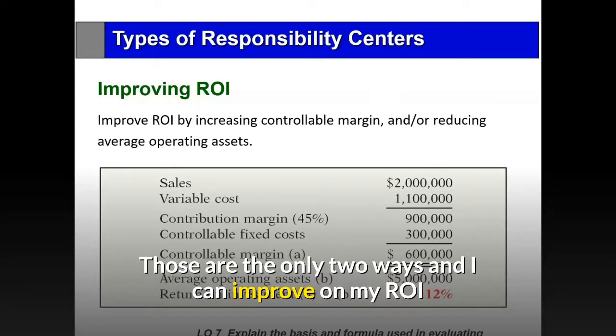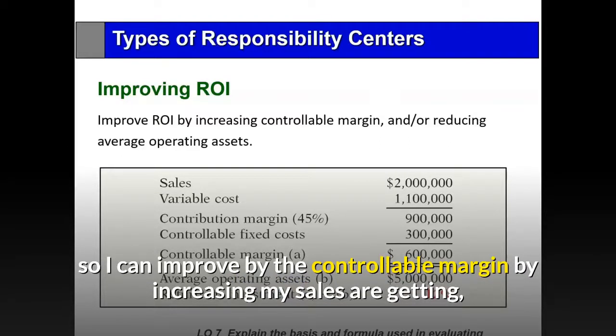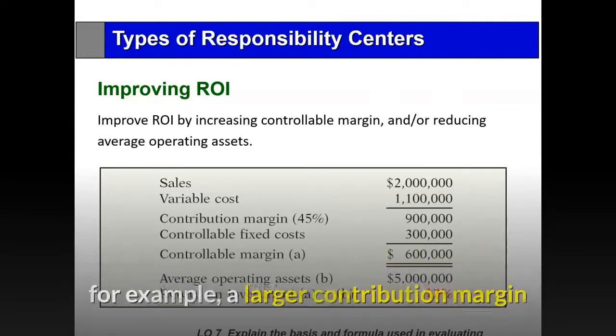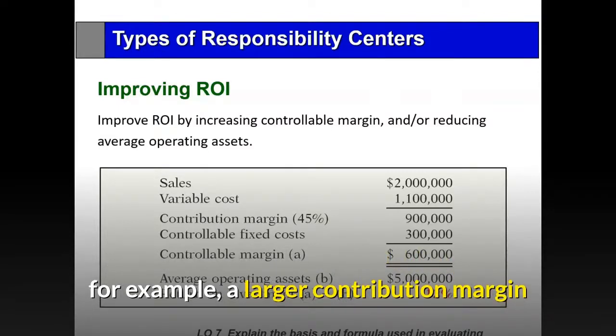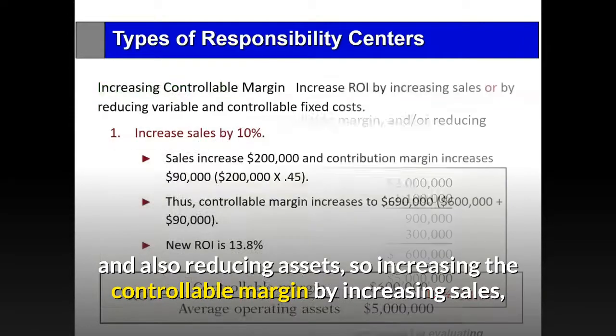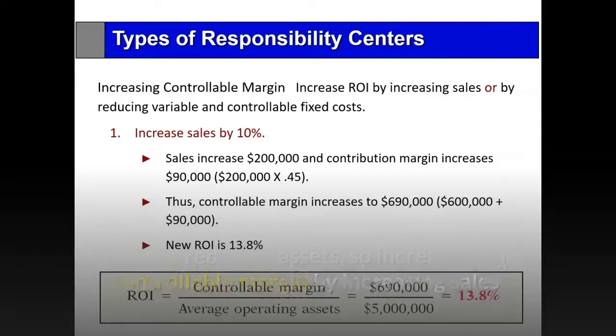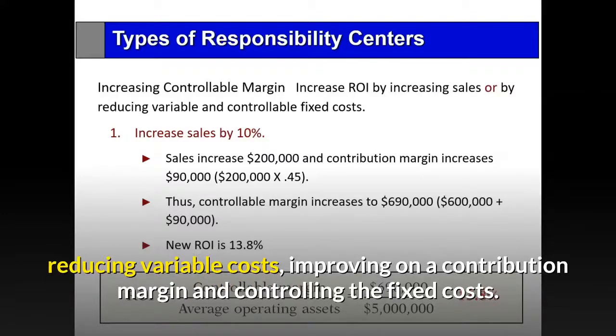Those are the only two ways that I can improve on my ROI. So I can improve the controllable margin by increasing my sales or getting, for example, a larger contribution margin, and also reducing assets. So increasing the controllable margin by increasing sales, reducing variable costs, improving on the contribution margin, and controlling the fixed costs.